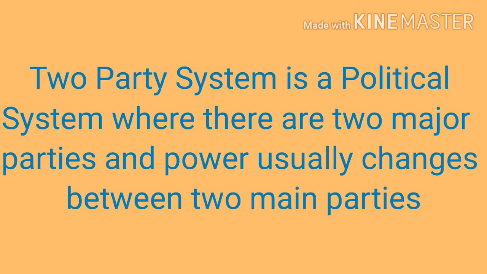Such a party system is called a two-party system or bi-party system. The United Kingdom and the United States of America are the best examples of countries having a two-party system.